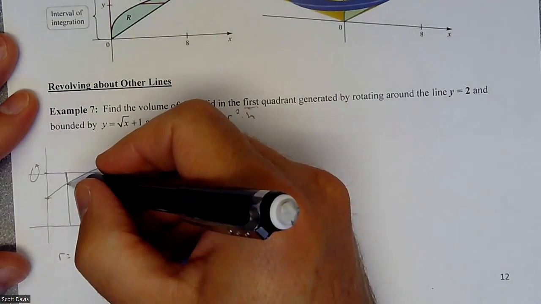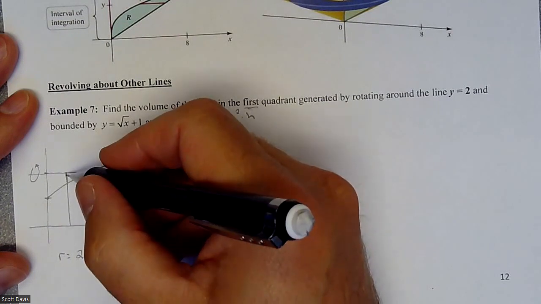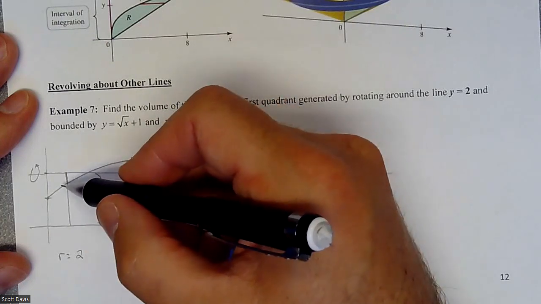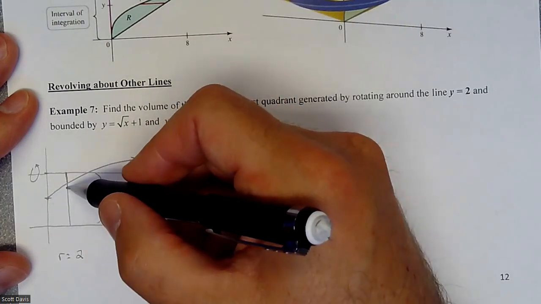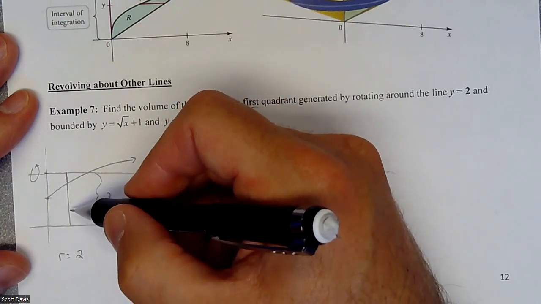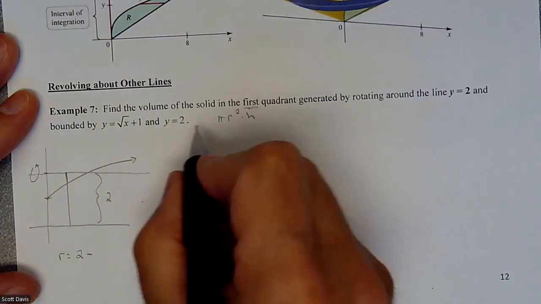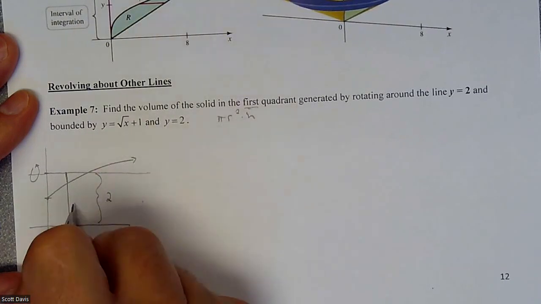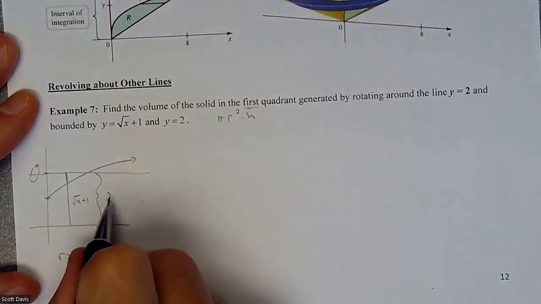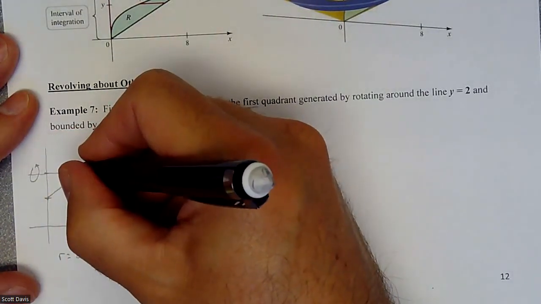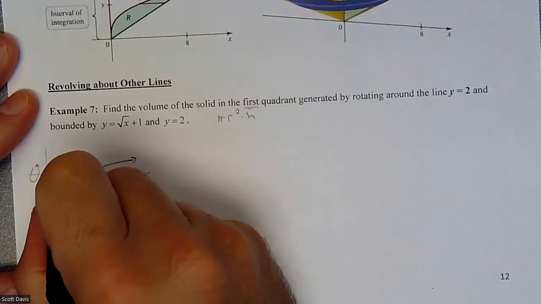But we need to subtract out this piece to have left this little gap, because it's constantly changing. It's all changing depending upon how long this piece is. And so that piece that we are going to subtract is going to be the heights of this equation, square root of x plus 1. So if you take 2 minus this, you have left this little piece right here, and that's our radius.